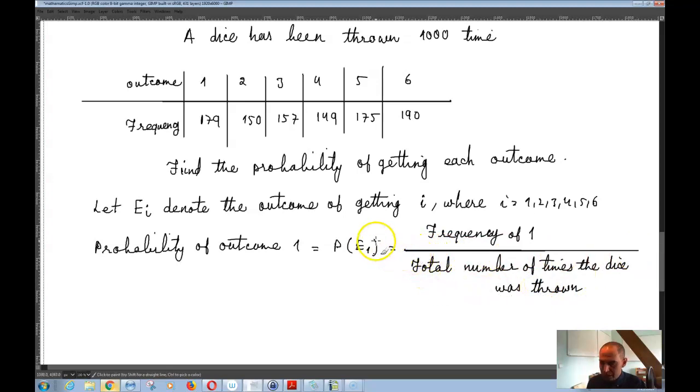So this is equal to 179 divided by 1,000, which is equal to 0.179.